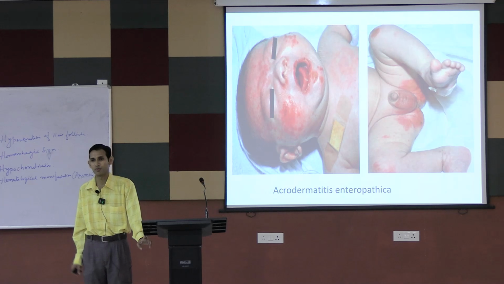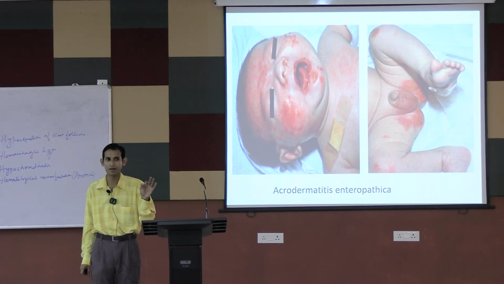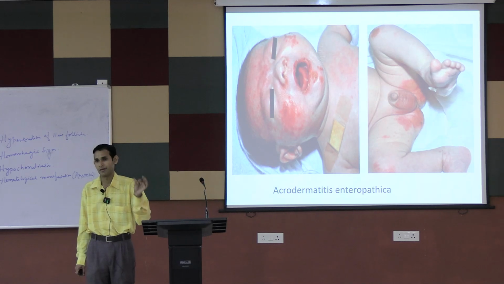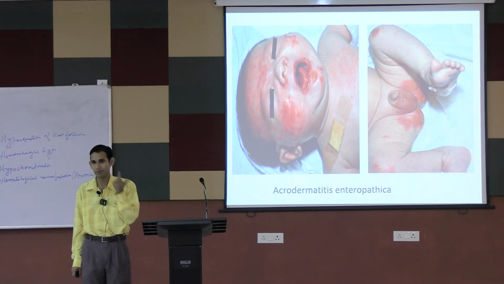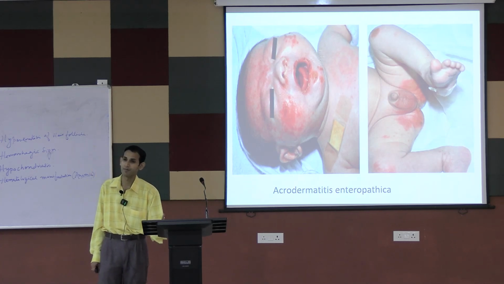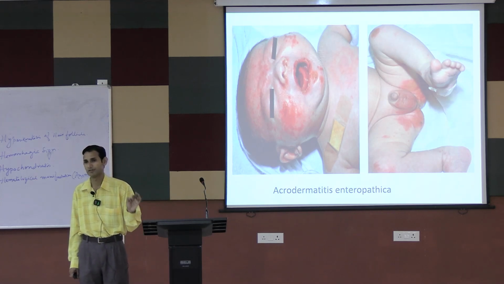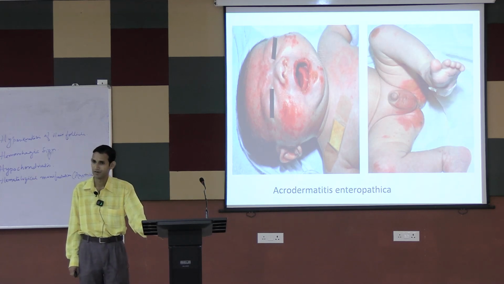Scurvy particularly produces the 4H, as mentioned: hyperkeratosis of the hair follicle, hair changes, hemorrhagic signs, mostly perifollicular hemorrhage, ecchymosis, bleeding from the gum, subperiosteal hemorrhage, intramuscular hemorrhage, subcutaneous hemorrhage, hypochondriasis, and hematological manifestation, anemia and weakness. These are the most important findings of vitamin C or ascorbic acid deficiency.